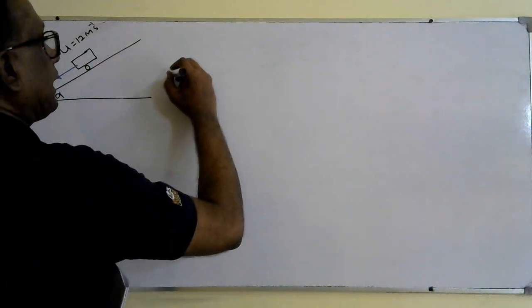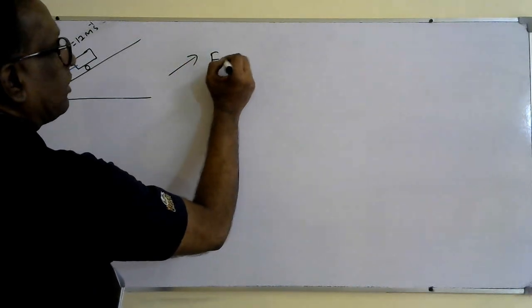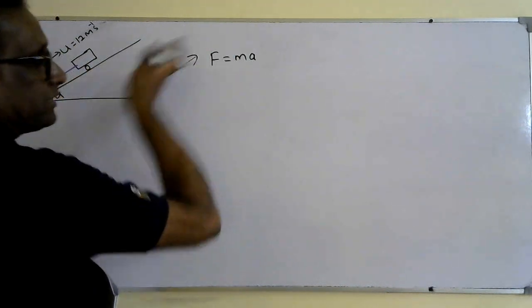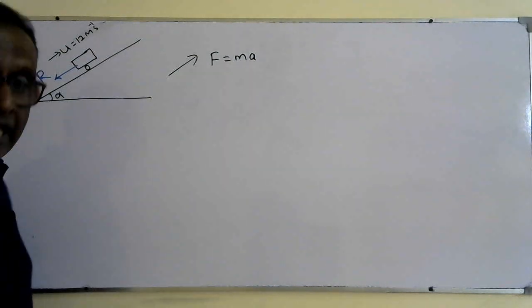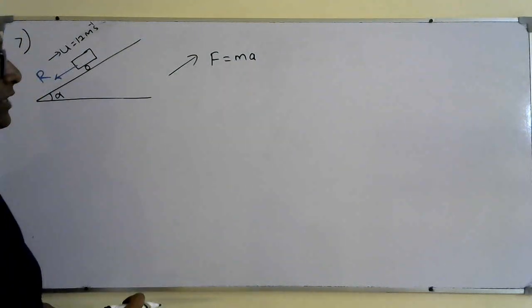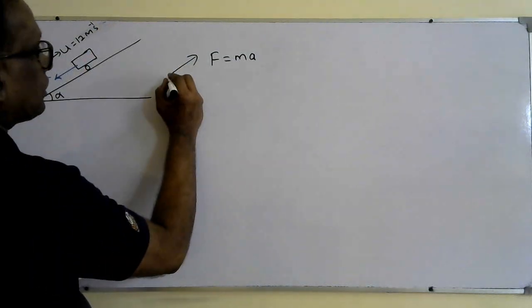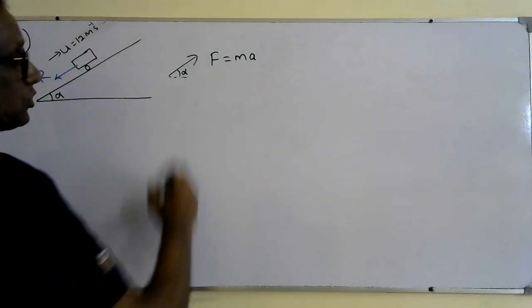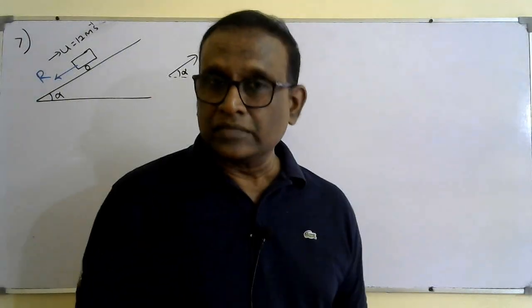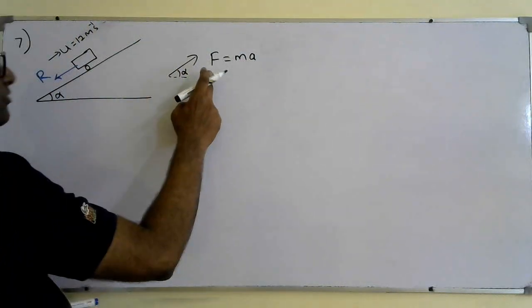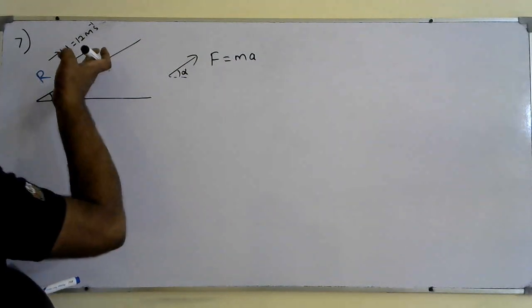So along the plane up, I use F equals ma, because it's moving upward along the plane. There are two forces acting, both opposite to the direction of motion, so it's going to decelerate. The first force is the component of the weight downwards.